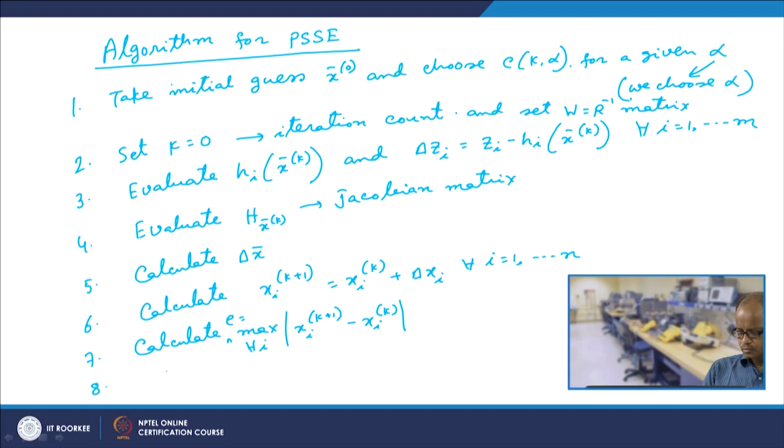Then we check whether E is less than epsilon. If yes, states are estimated, and x at k plus 1 is the solution.